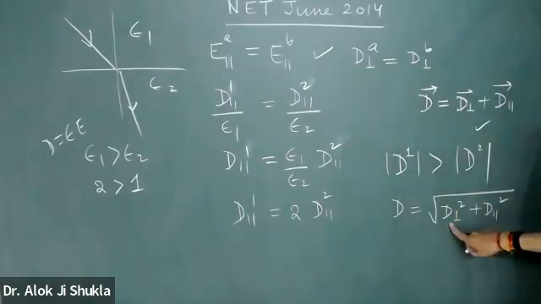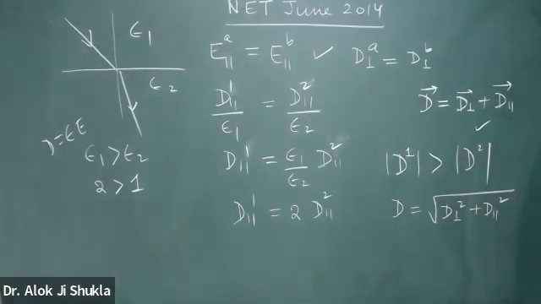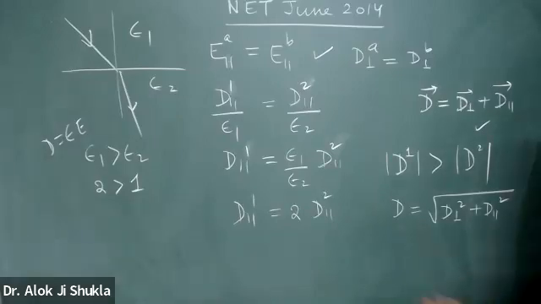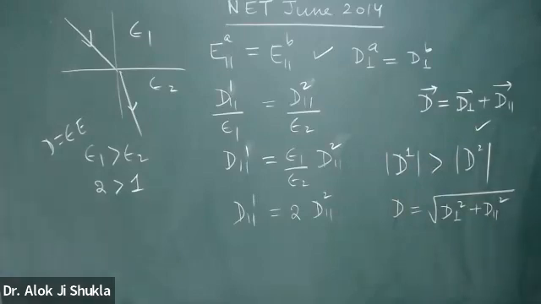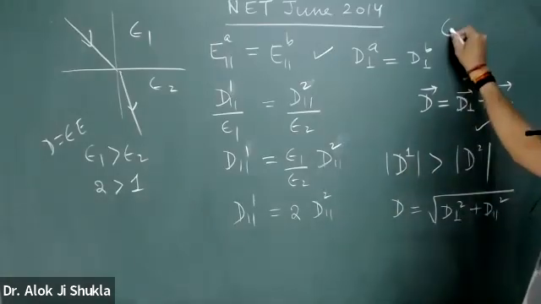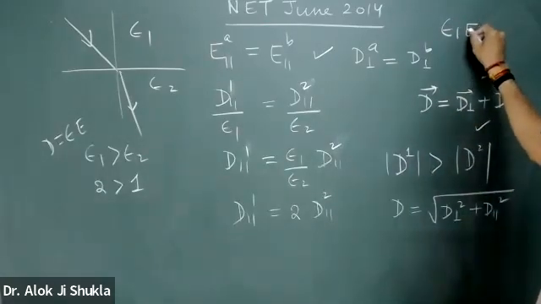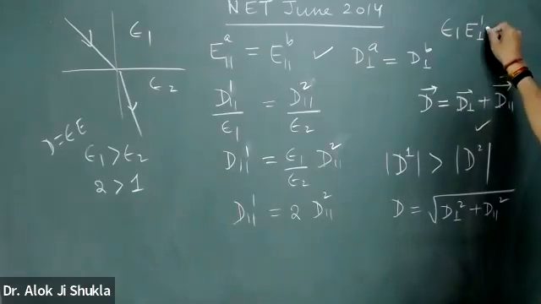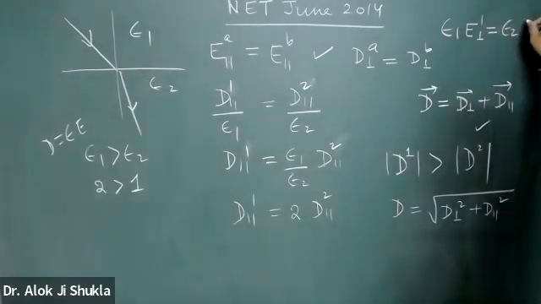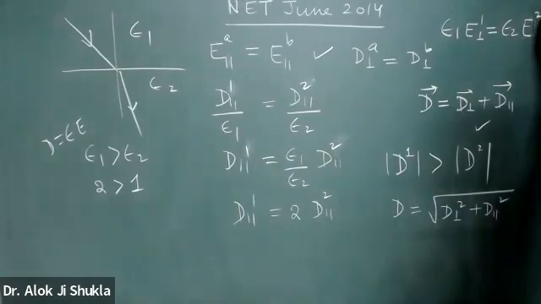But since the perpendicular part is equal, only the parallel part will play the role. Now, what about electric field? You can say D perpendicular A is equal to D perpendicular B. D is epsilon E. So epsilon 1 E1 perpendicular is equal to epsilon 2 E2 perpendicular.